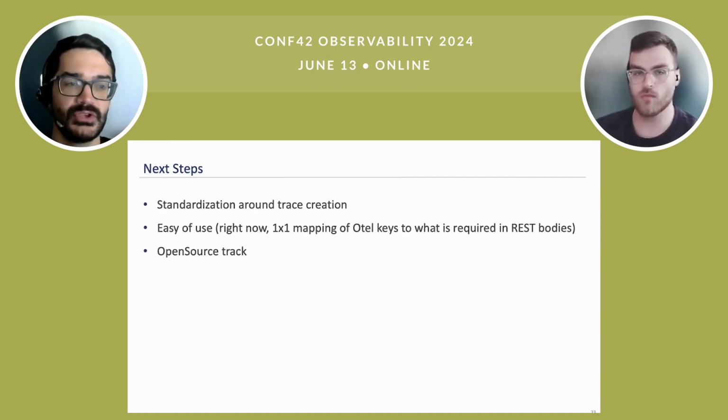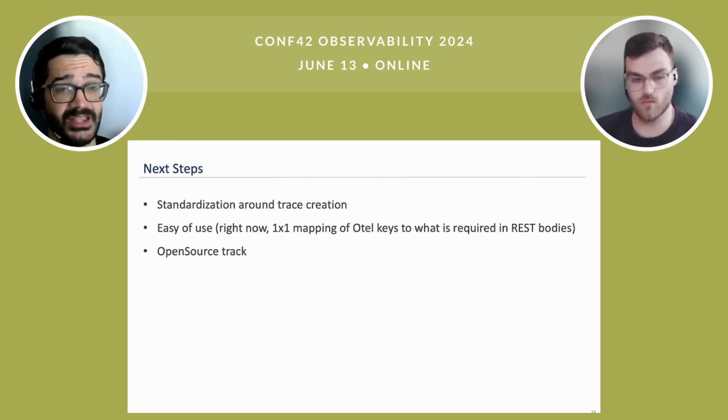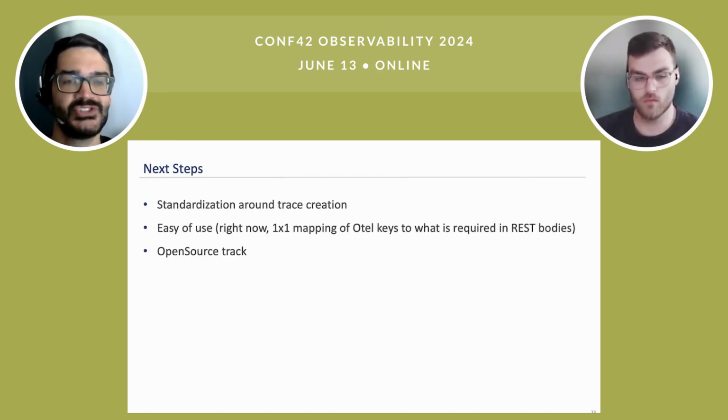Number two is ease of use. So right now, a lot of the properties that you send via the REST calls, they're one-to-one mappings to otel keys. Some of these make sense, but some of them, we should probably change the language a little bit to help those that are not maybe familiar with the OpenTelemetry tooling, and also to make sure that we're not all saying our own thing with it.